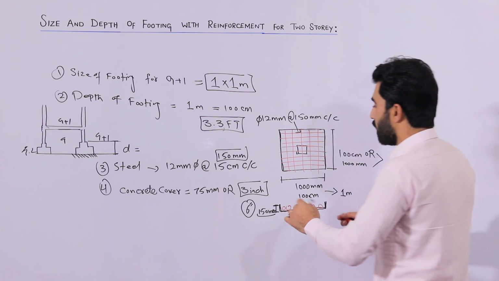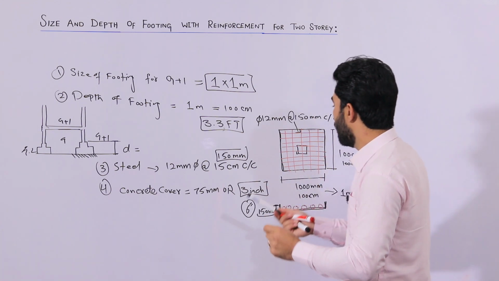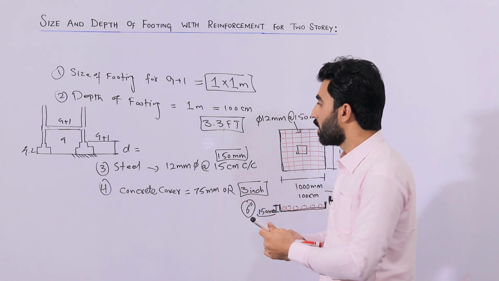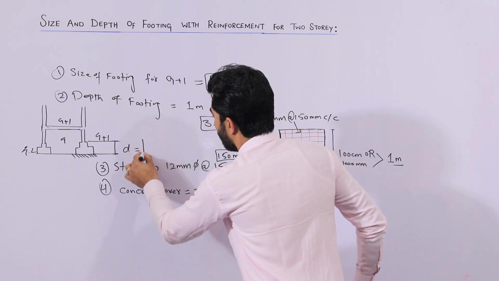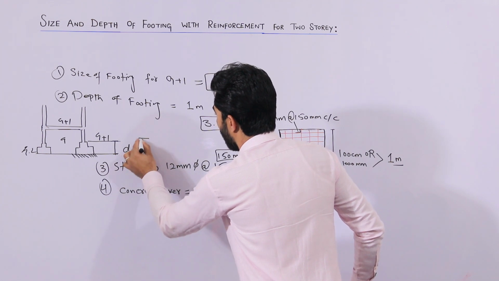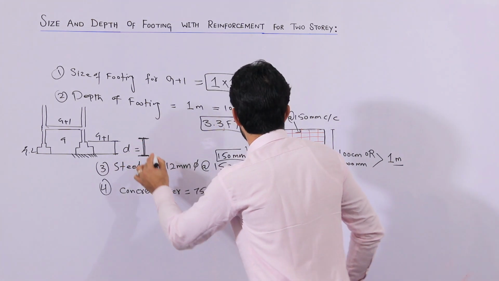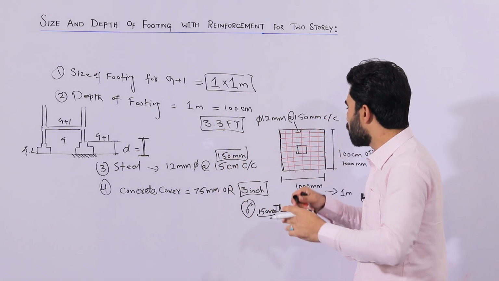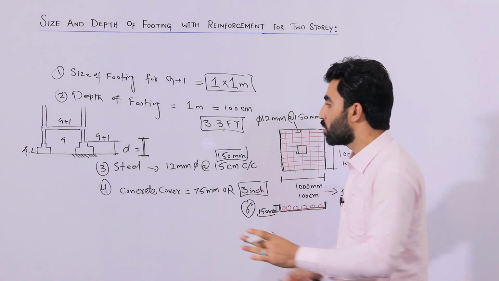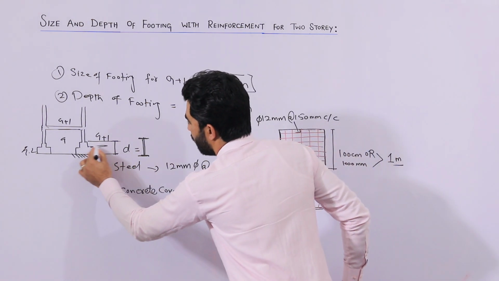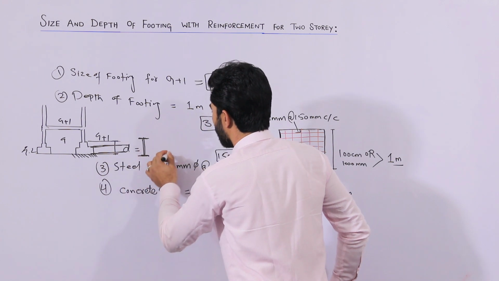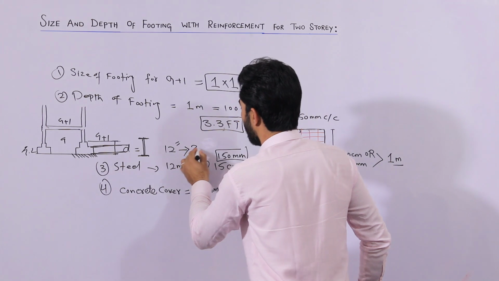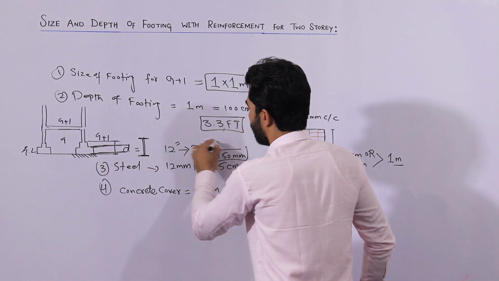But the depth here, the bed depth, inside the steel reinforcement plus bottom and top concrete cover, it should not be less than the depth. The depth of the footing means where we are doing steel reinforcement and also covering steel reinforcement with concrete. So its bed should not be less than 12 inches or you can say 300 mm. This is the depth bed.